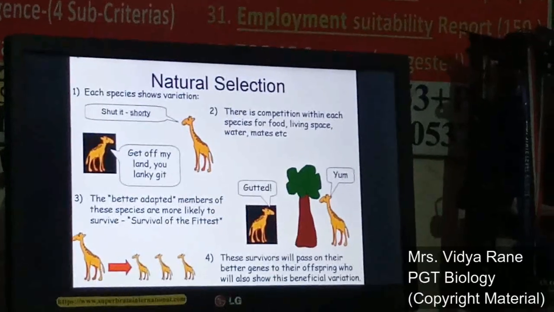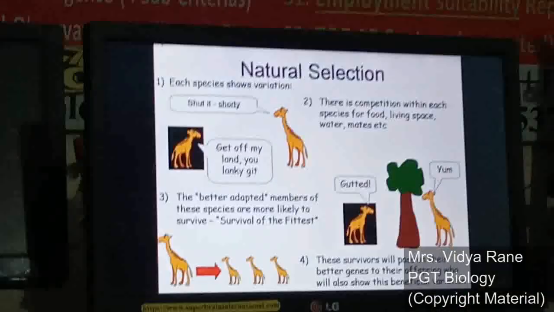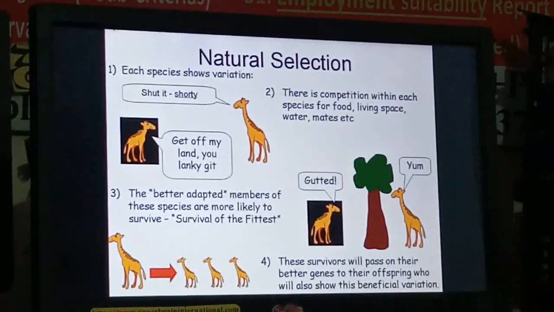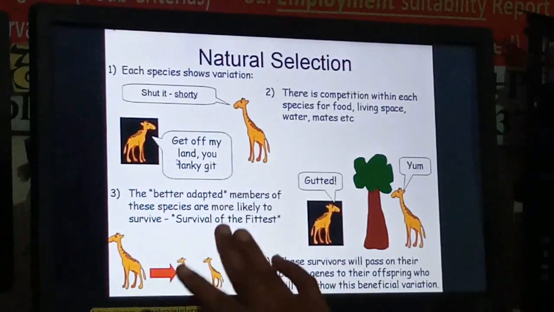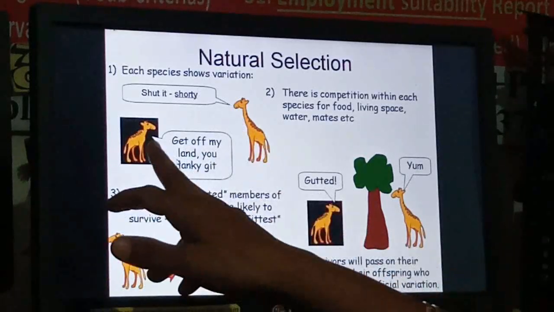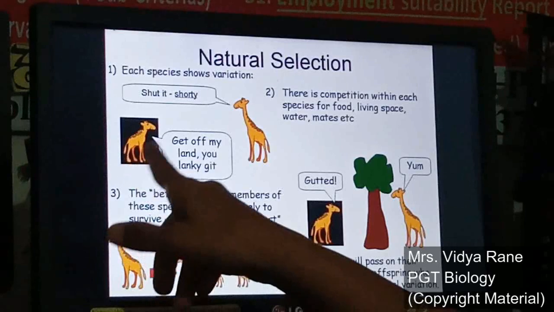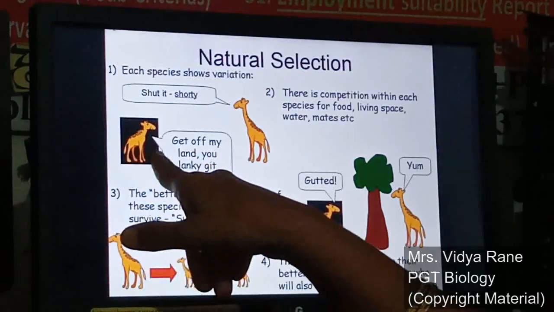Another is Lamarck, who has given a theory of evolution with use and disuse. He has given the example of a giraffe. Earlier species of giraffe did not have such a long neck, and their forelegs were of the same length.